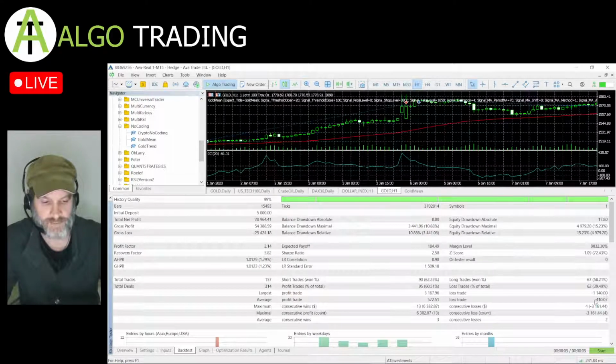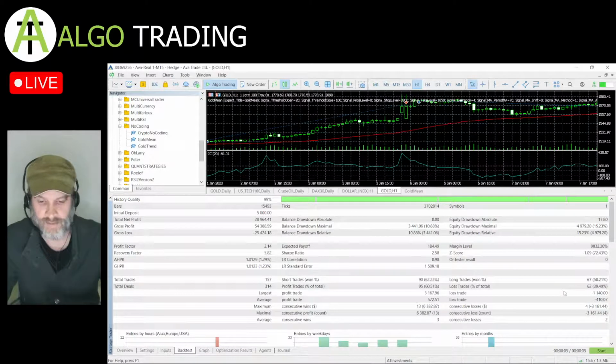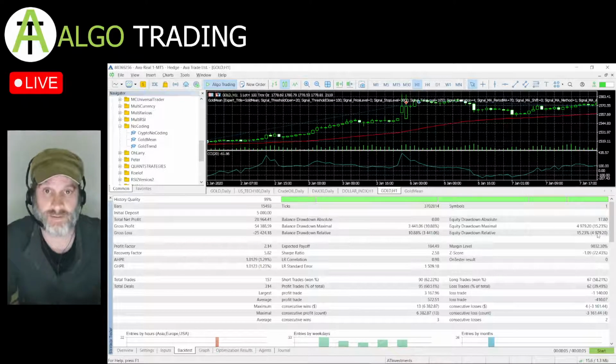I like this very much. Very nice. I would run this live. So we make almost 400%, a drawdown of 15%, which is very, very decent results.